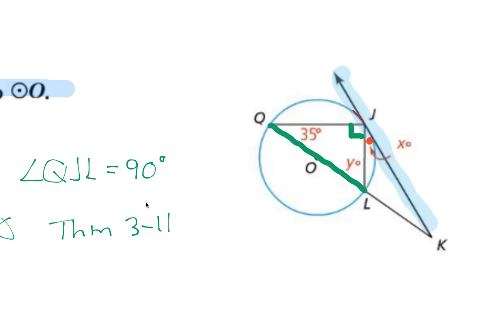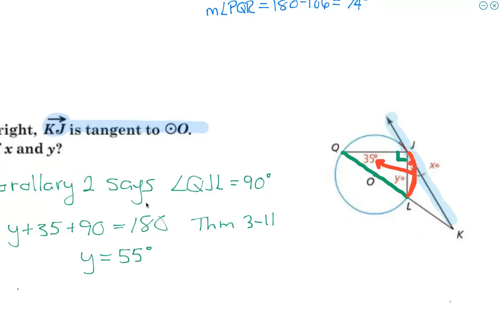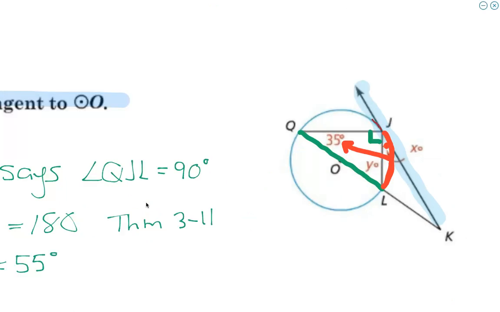It's made by a chord and a tangent line. So it's associated with this arc. And notice that arc is associated with this inscribed angle. So that means arc JL equals twice 35.